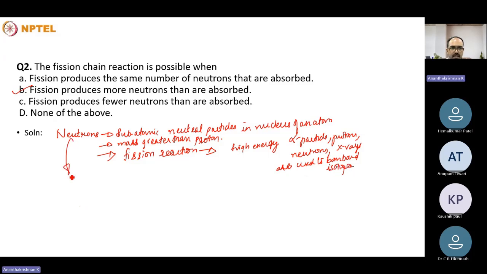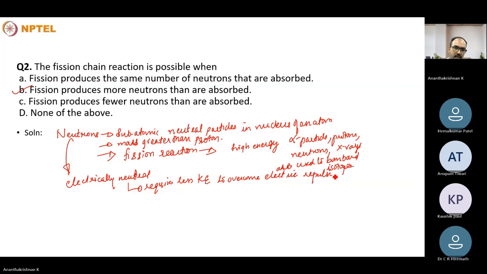So these neutrons are electrically neutral and require less kinetic energy compared to the other charged particles to overcome the electric repulsions. Therefore, these are preferred.